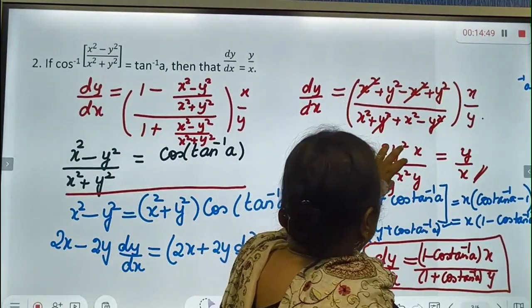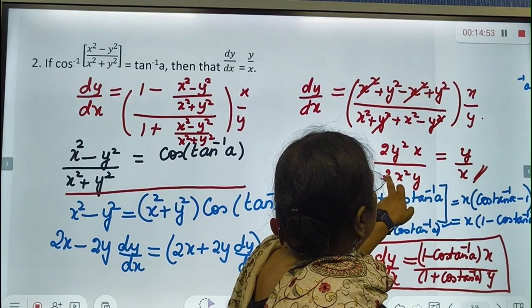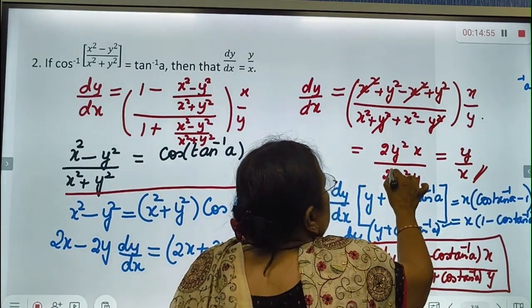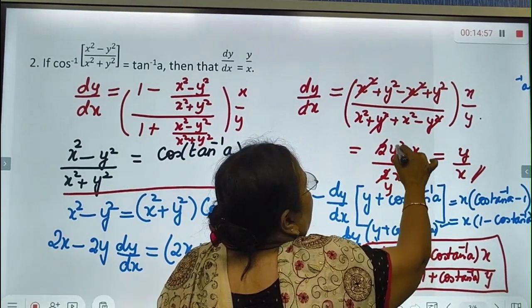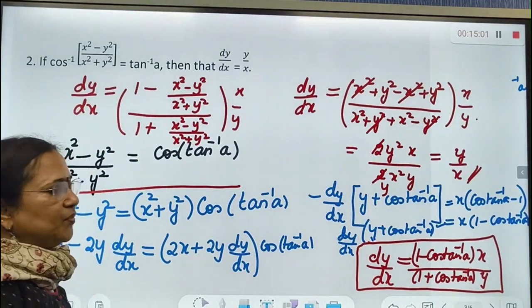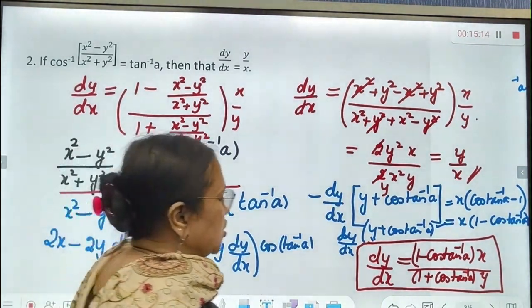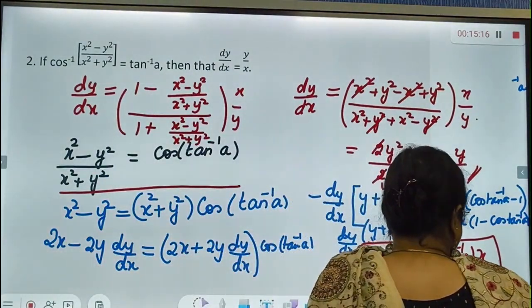So I have substituted for cos of tan inverse A. Then you get 2y square x by 2x square y. 2 gets cancelled. 1 x gets cancelled and 1 y gets cancelled, giving you y by x. Is it clear? Have you all understood how we got dy by dx as y by x? So it involved a little bit of manipulation and simplification, and then using the process of differentiation.